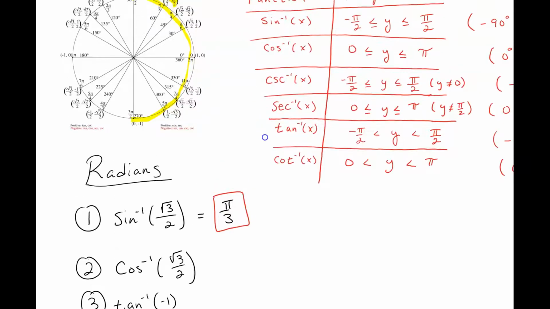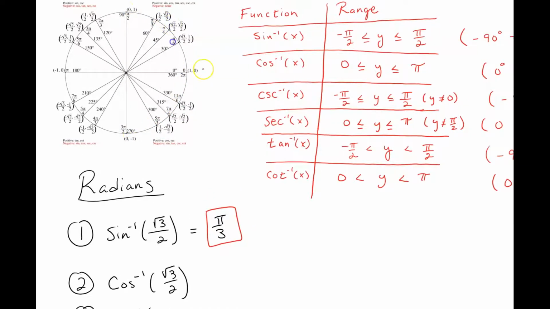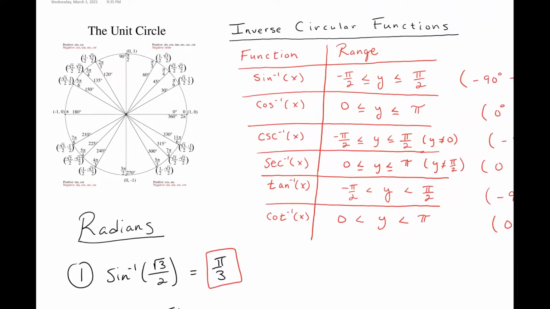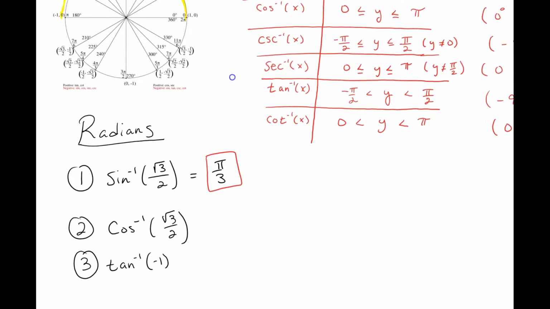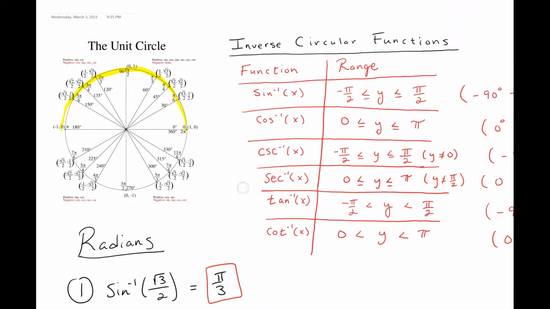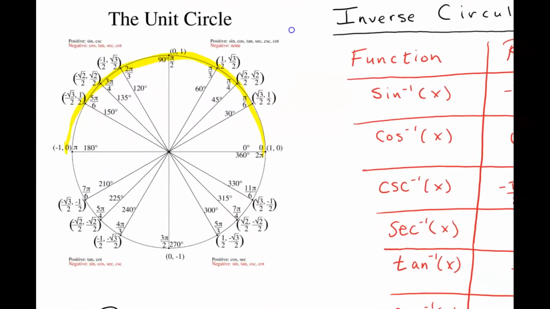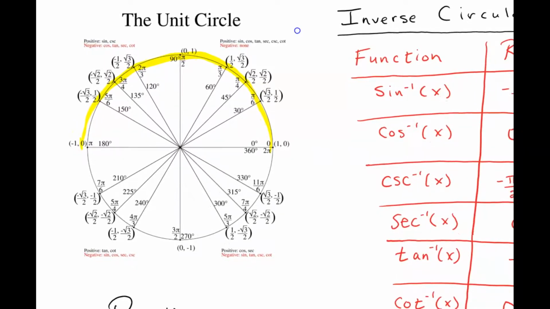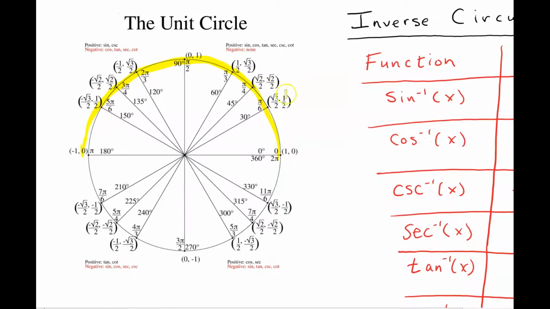All right, now let's go ahead and take a look at the cosine inverse. Now the cosine inverse, if you look at the range, goes from 0 to pi. So we're going to be looking in this window here. We're looking for where was the x value, the square root of 3/2. Well, the only place that the x value has a square root of 3/2 for it is right here at pi/6 or 30 degrees.